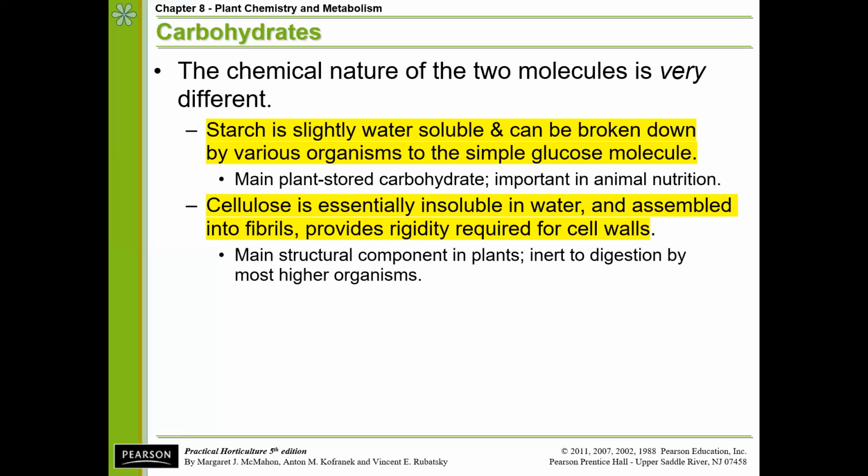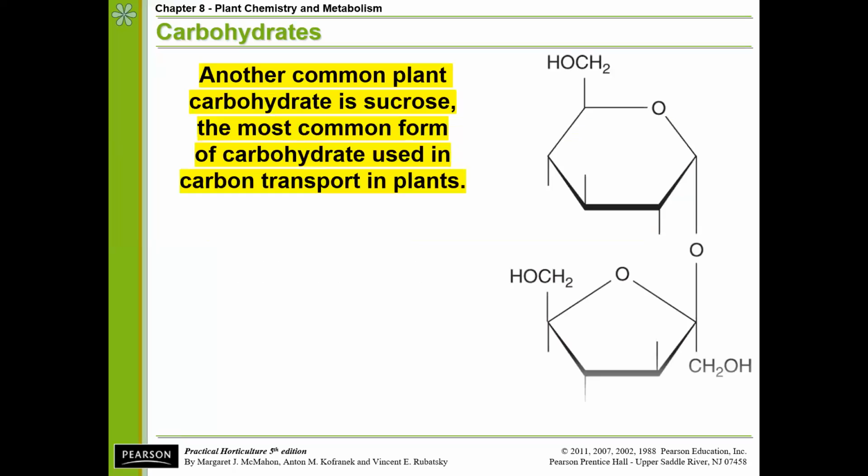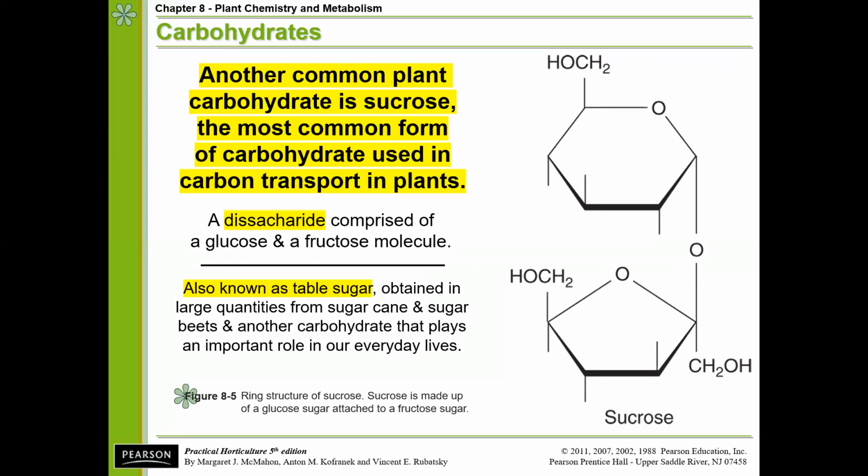So even though we have a fairly similar structure of the 2 molecules, how they are used in the plant is very different. Another common carbohydrate is sucrose, and it's used in carbon transport. The disaccharide molecule creates sucrose. So it's the same chemical structure, and again, it's important.